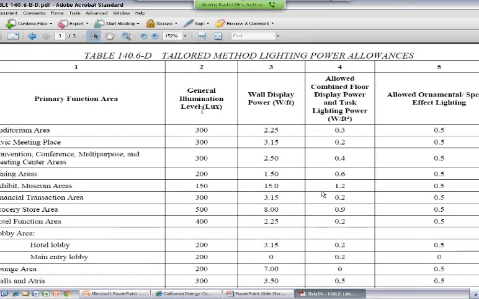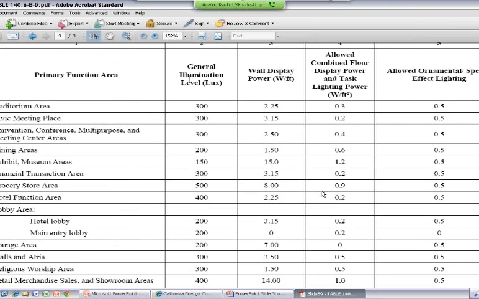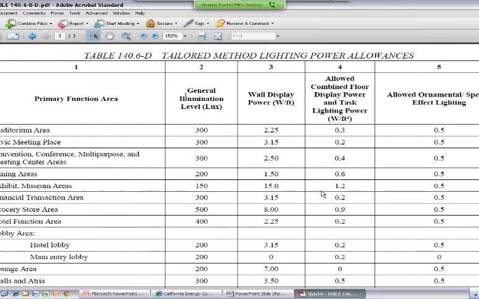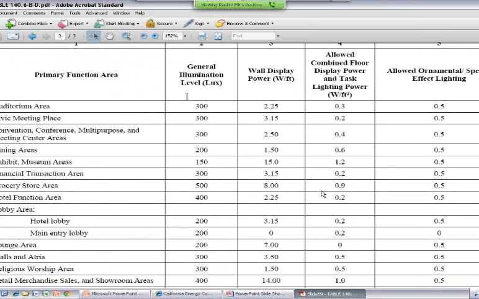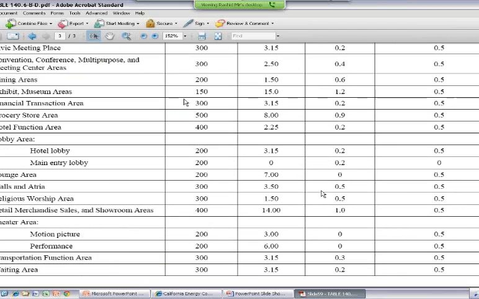And then the significant change for the watts per square foot occurred in table 140.6-D for the tailored method. Here you see the allowed watts per square foot, also determined for your wall display lighting, etc. What you're going to have here now is a general illumination level requirement in lieu of a watts per square foot requirement for your general lighting based upon the luminance category. So that is a significant change.